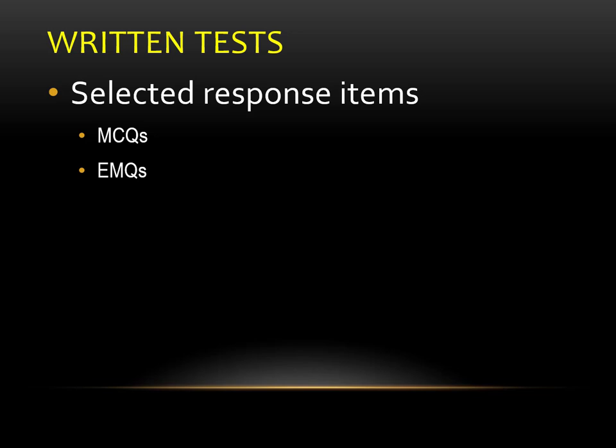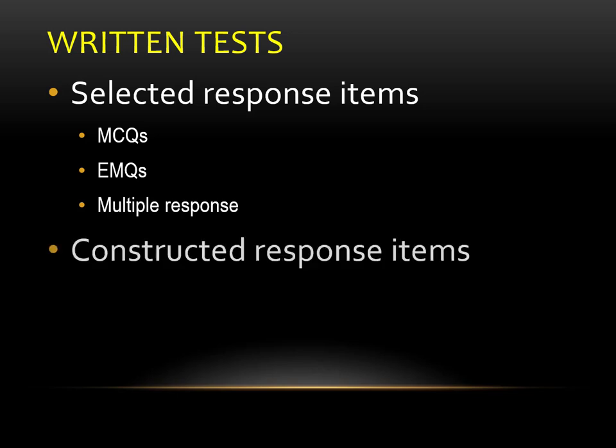So we will go into details in another talk. And then there is the multiple response type. And in that type, the candidate is expected to select more than one response. So the selected response items include MCQs, EMQs, and multiple response type.